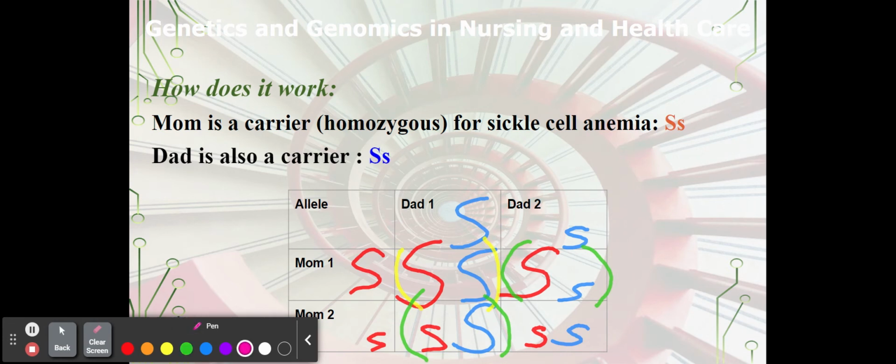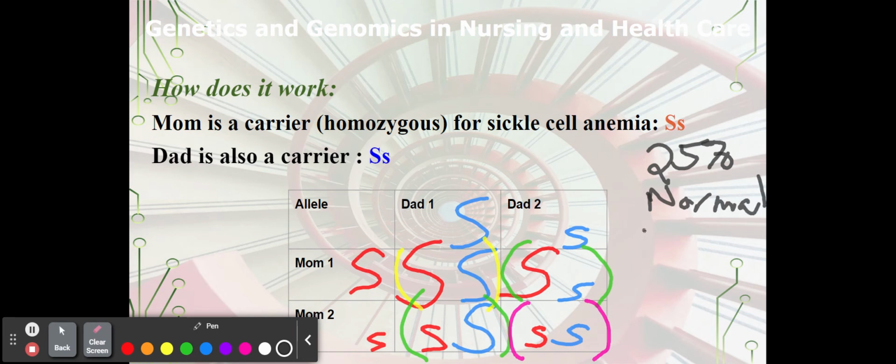And here in pink, we have homozygous recessive, and that's a 25% chance of having the disease. So 25% normal, two normal copies of the gene, normal hemoglobin all around. 50% are carriers.